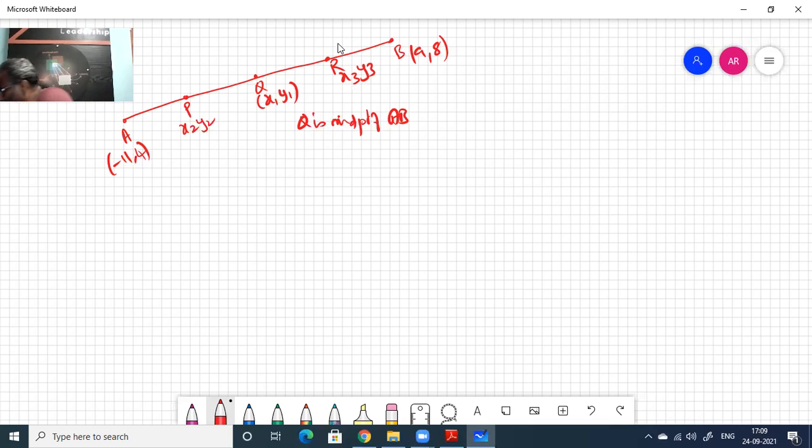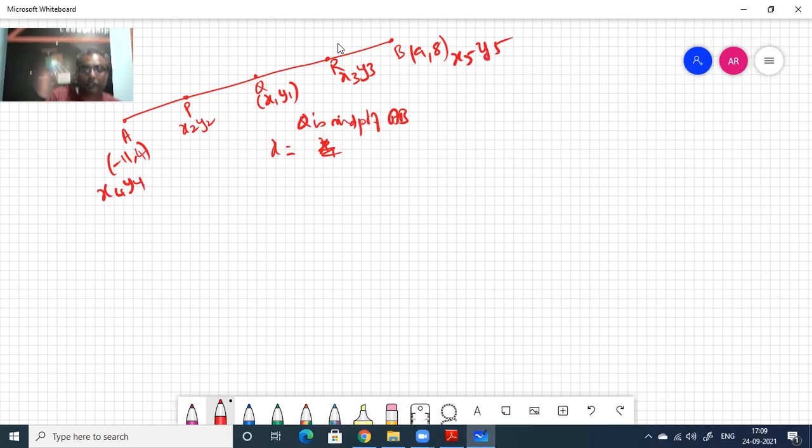Okay. So Q is the midpoint of AB. So what we have to do? Let us say A is x4, y4 and B is x5, y5.